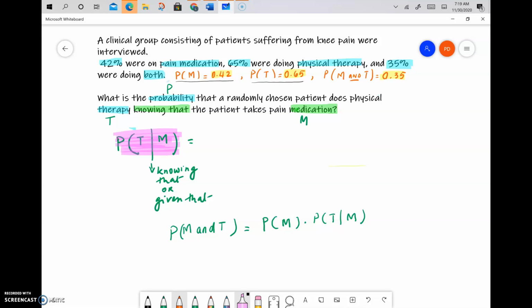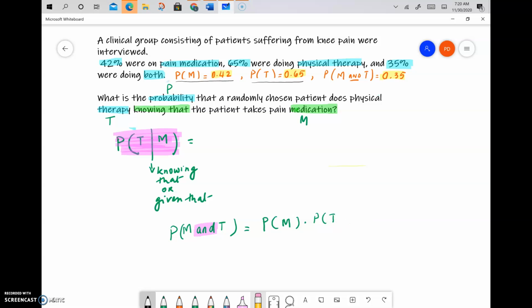We look at the multiplication rule for two events that are not independent of each other. So what is the multiplication rule for events that are not independent of each other? So we have probability of M and T is probability of M and the probability of T. And if they were independent events, we would just stop here.